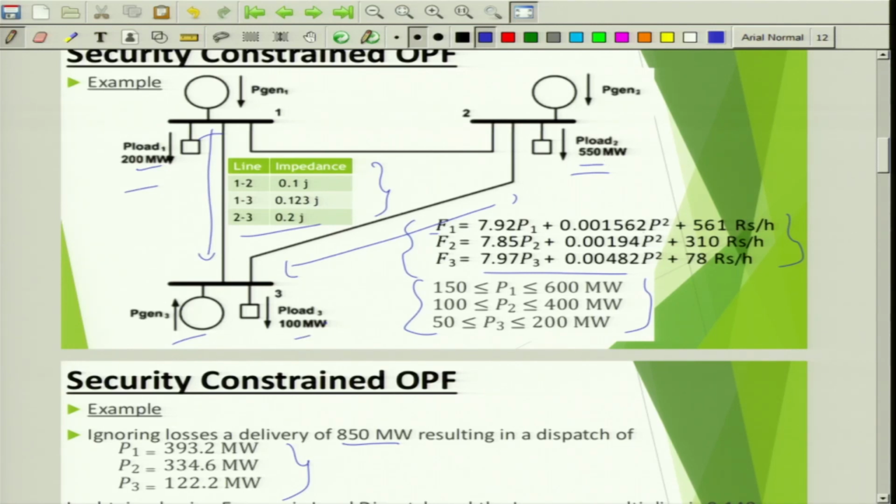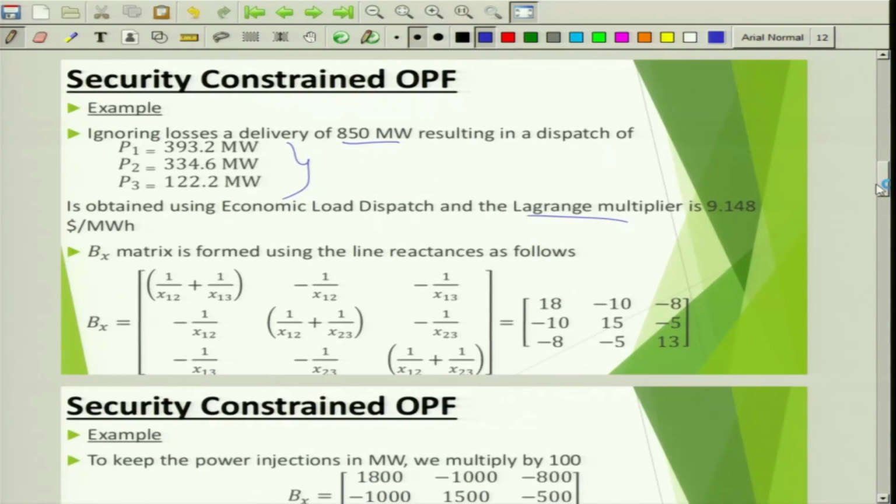Put together, this 850 megawatt of load needs to be met by all these 3 generators. So, you would get this as the generation output where economic dispatch is considered as the objective function without considering any losses. You will get a Lagrangian multiplier of $9.148 per megawatt hour.